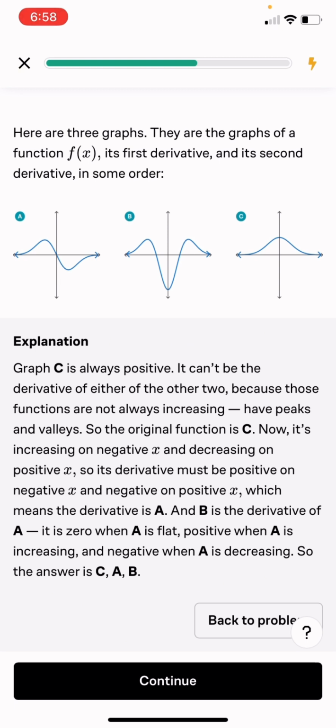So the answer is C, A, B. That makes sense. I guess I shouldn't be trying to go through them fast.